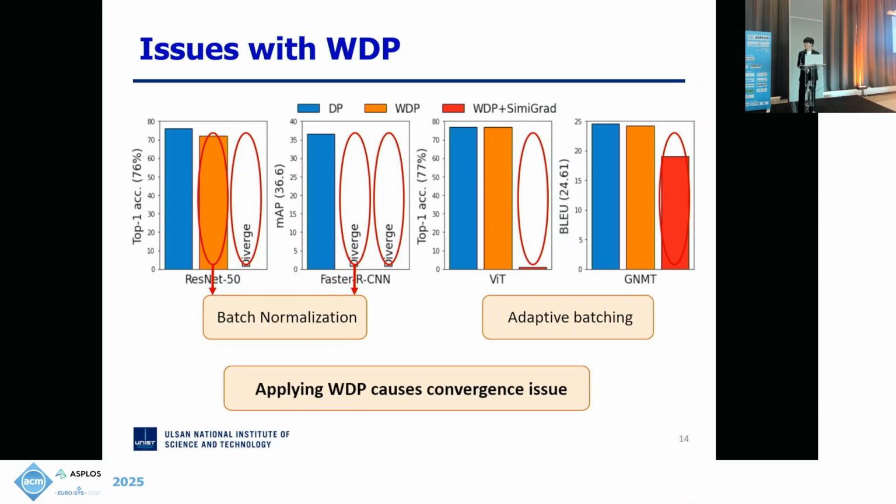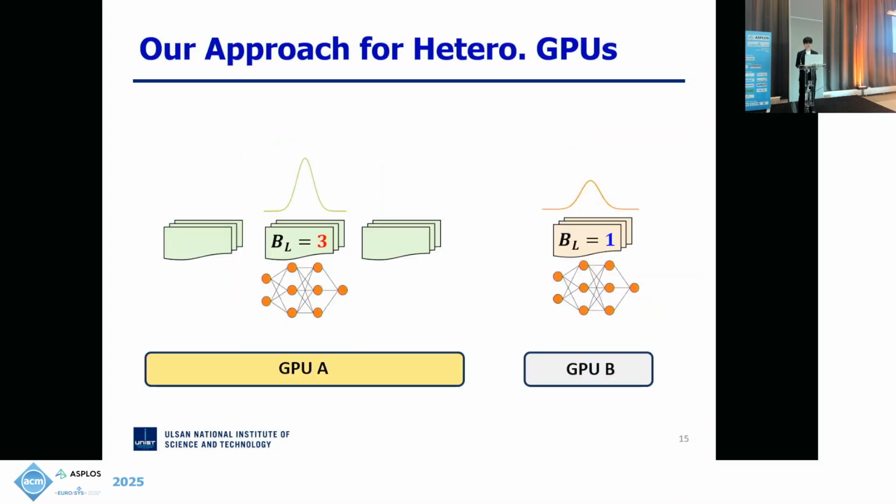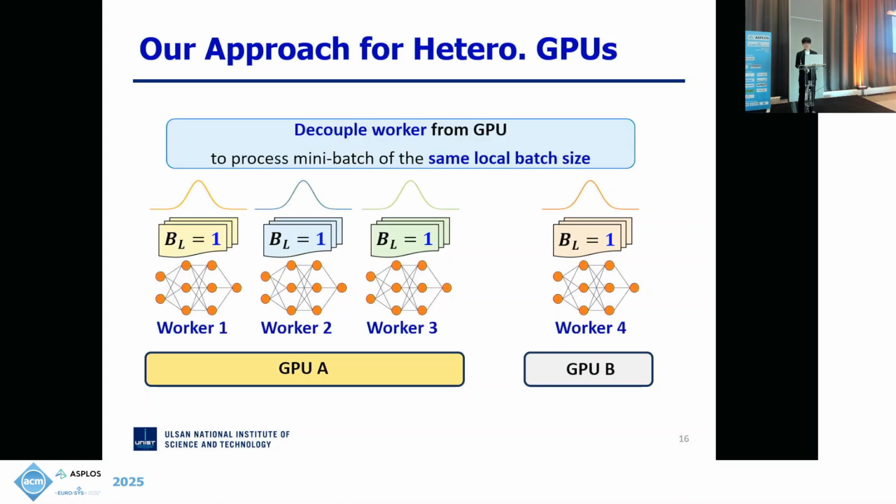In summary, applying WDP for heterogeneous GPUs caused a significant convergence issue for both static and adaptive training. So, instead of using different local batch size, our key idea is to decouple worker from GPU to process mini-batch of the same local batch size.